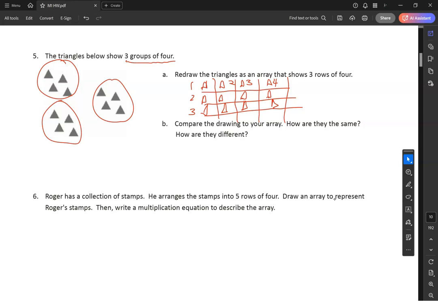B, compare the drawing to your array. How are they the same? How are they different? Well, they're the same because they have the same amount. They have the same groups. They're both 3 groups of 4.